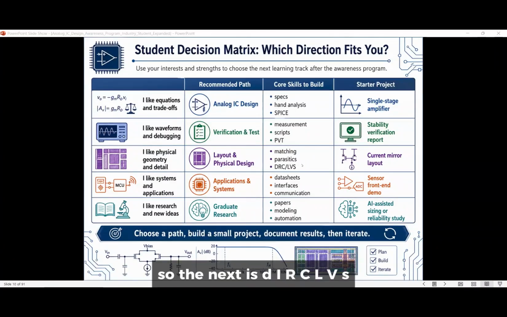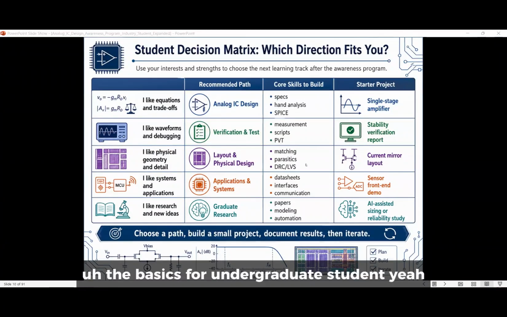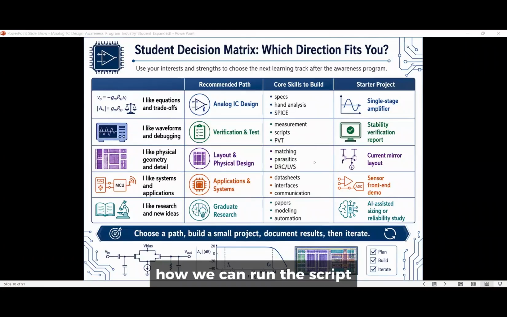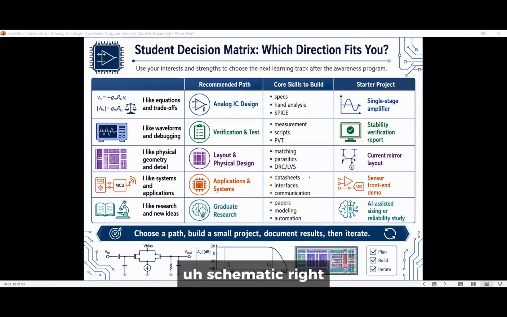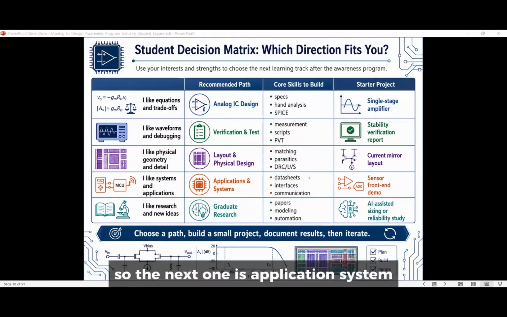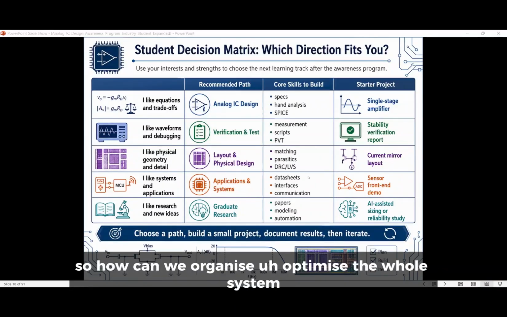The next is DRC and LVS. I think this is fundamental, the basics for undergraduate students: how we can run the script and how we can compare the layout and the schematic. The next one is application system, and we have to collect the datasheet. We get the spec from our customer. How can we optimize the whole system?